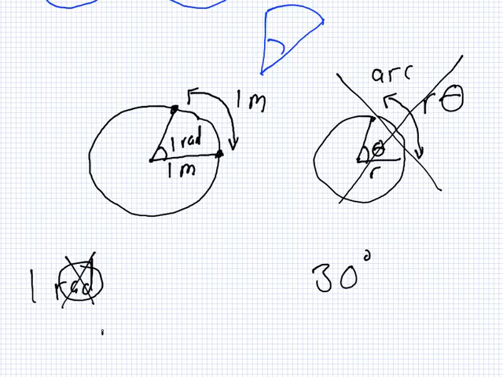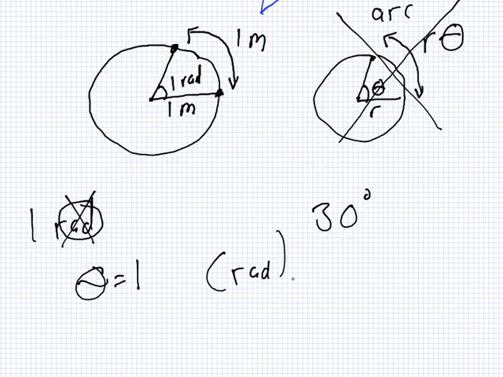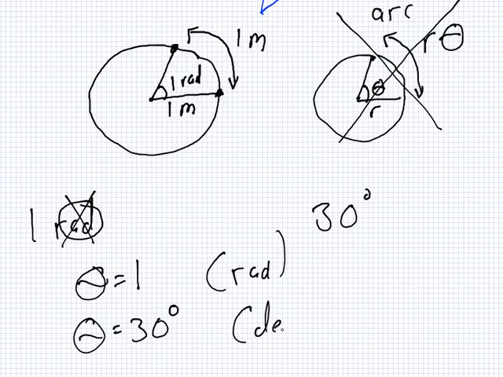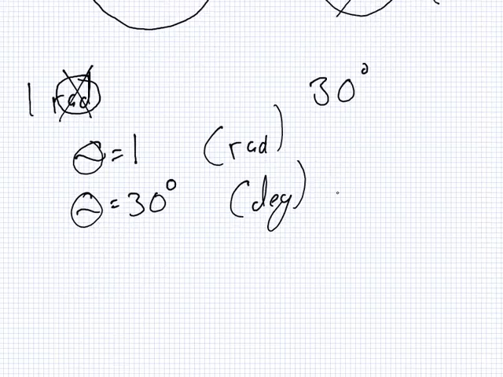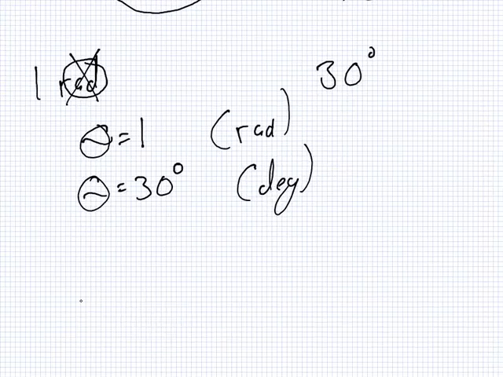If I just wrote the angle equals 1, without writing the degree symbol, that automatically means it's radians. So if I write theta equals 1, that automatically means radians. And if I write theta equals 30 with the little circle here, that means it's degrees. And a very important point here.